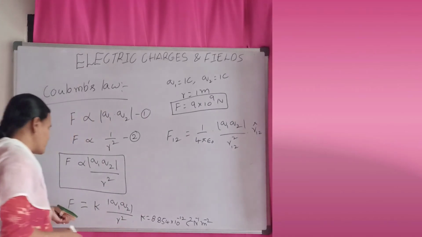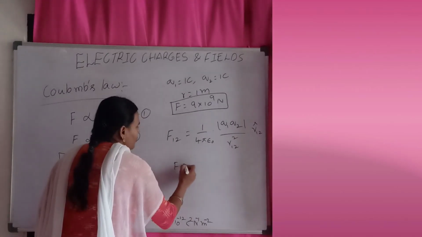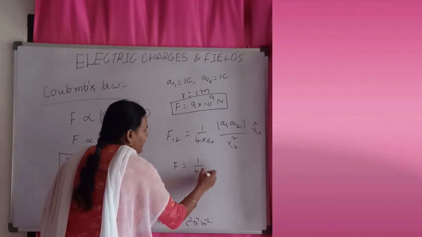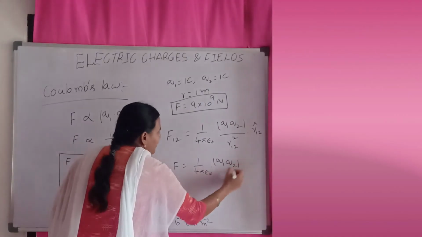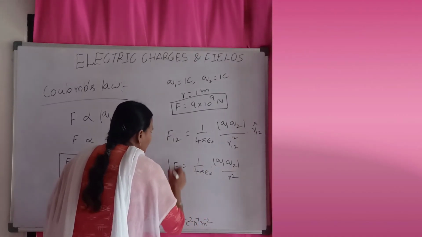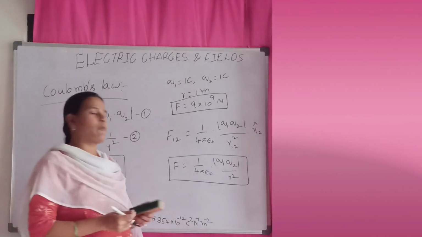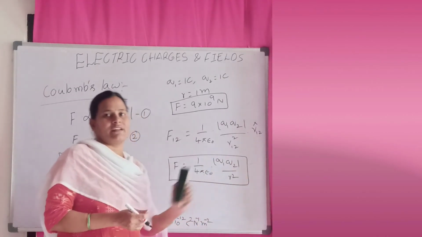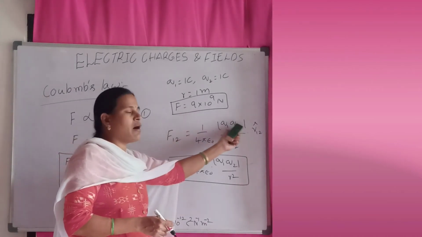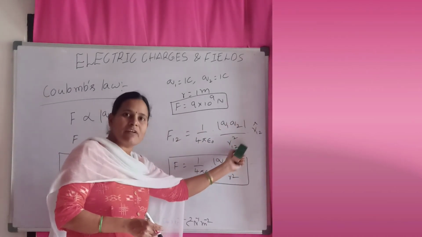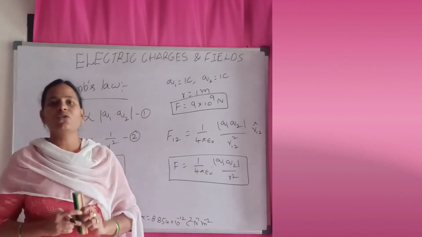Final equation: F equals 1 by 4 pi epsilon naught into Q1 Q2 by R square. This is Coulomb's law in the normal form, and the vector form is 1 by 4 pi epsilon naught Q1 Q2 by R12 square into R12 cap. So this is about Coulomb's law.